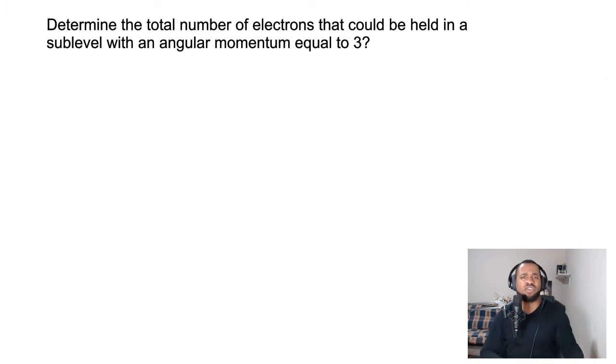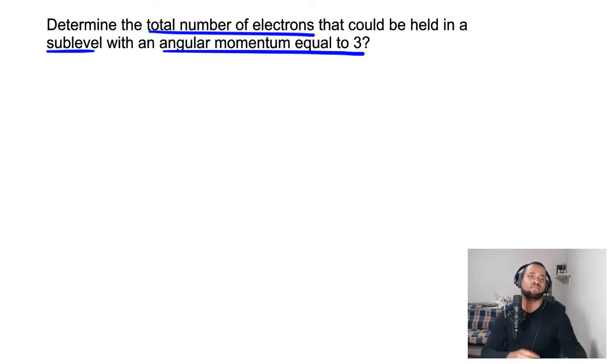So there are a couple of things to keep in mind here. One is the total number of electrons that could be held in a sub-level with an angular momentum equal to 3.